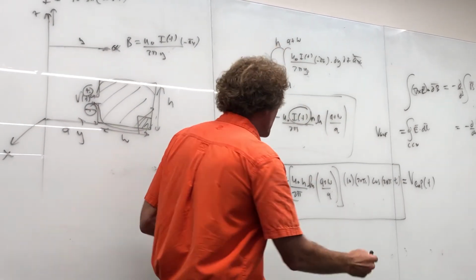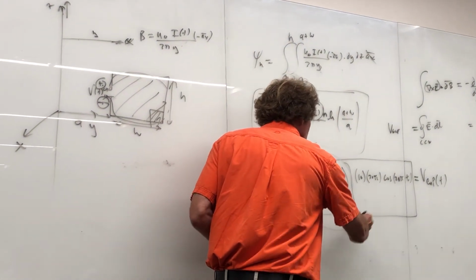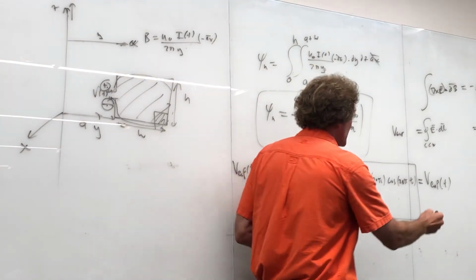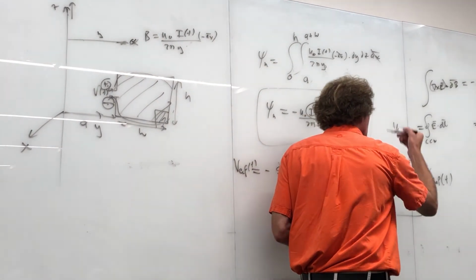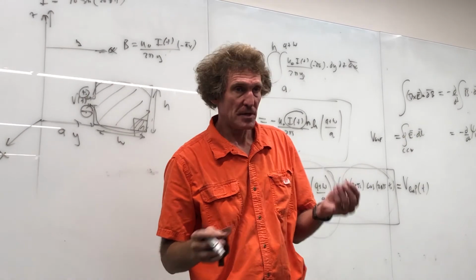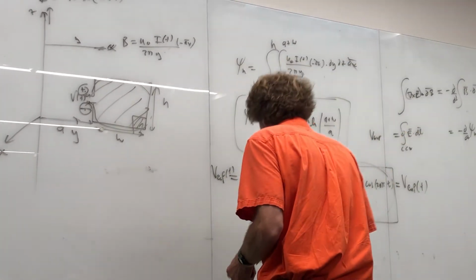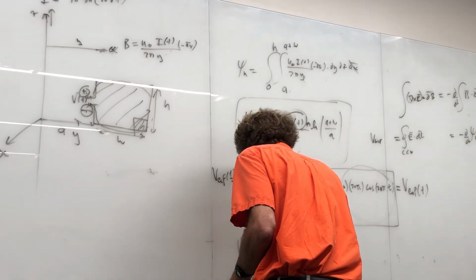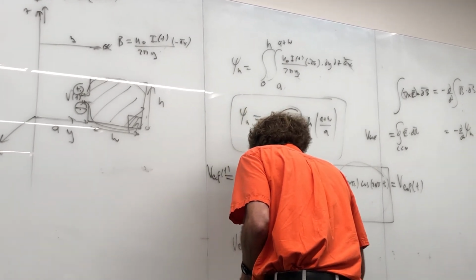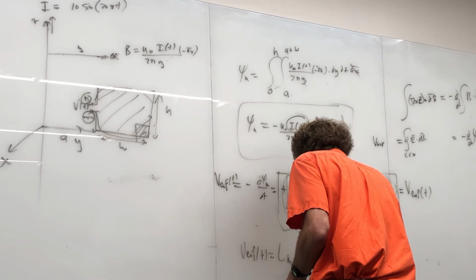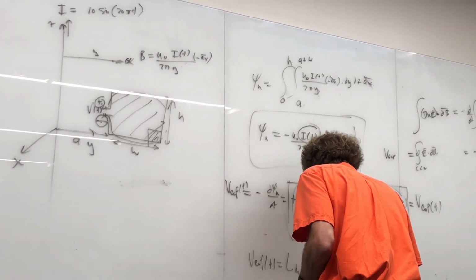This is the mutual inductance times the time rate of change of the current, the di dt of the current in the primary. And really this V EMF of t, and this is a nice thing to know, is equal to the mutual inductance times di dt in the primary.